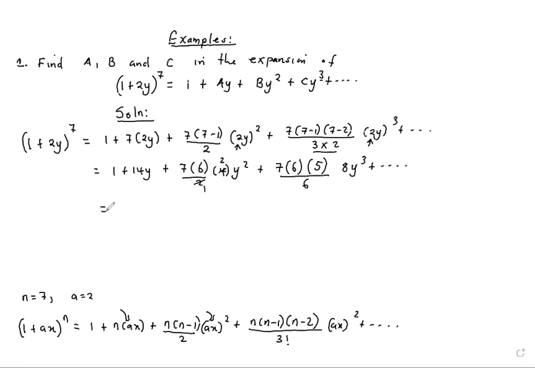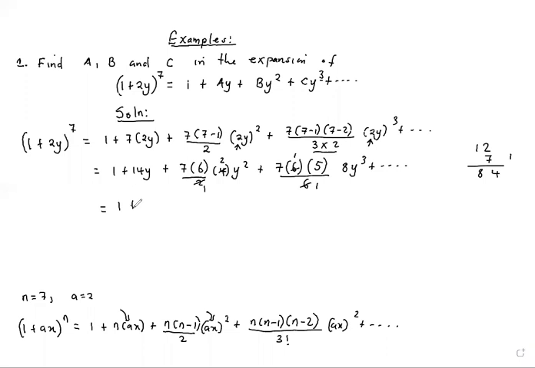So now we have 6 here, 1, 6 there, 1. So now we calculate 2 times 6, 12. 12 times 7, 84.